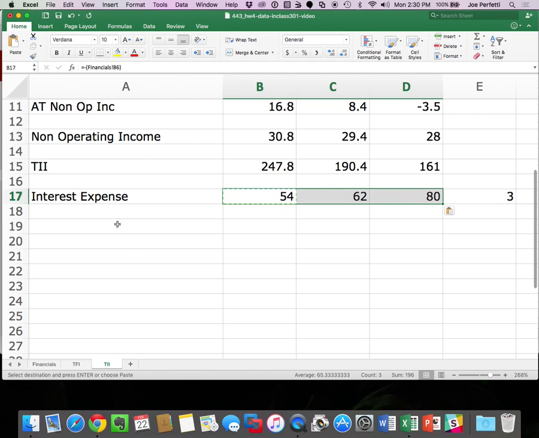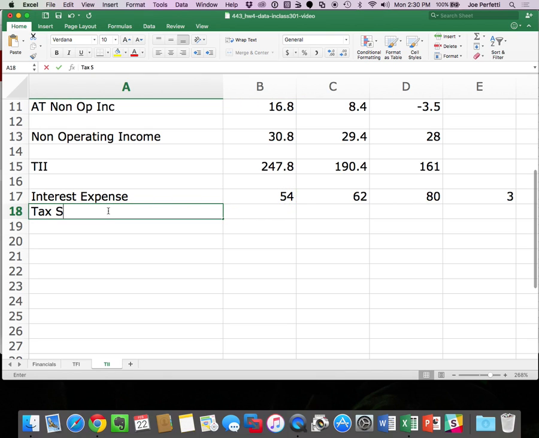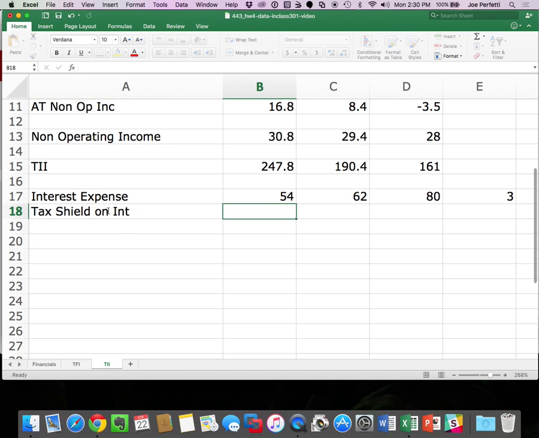So I flip the sign. I have my tax shield on interest because I'm going to deduct that, so I'm going to save 30%. So that gets me my after-tax interest expense, which is the 54 minus 16.2.